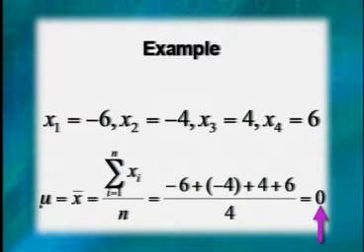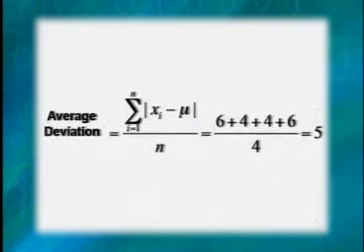And the average deviation from the mean, that is the average distance away from the mean, is what? Well, the 4 values: the -6 is 6 away, -4 is 4 away, +4 is 4 away from the mean, which is 0, 6 is 6 away. Dividing by 4, we get 5.